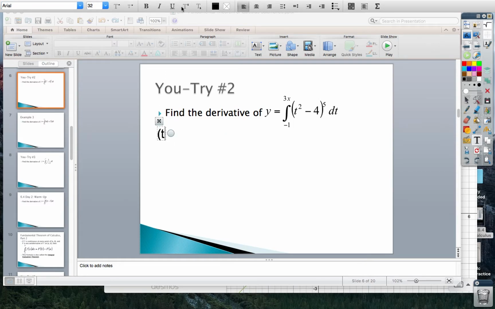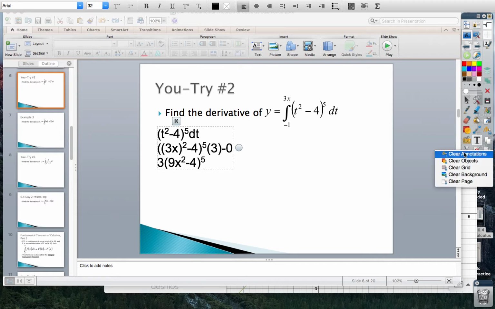We're replacing t with 3x, so we have 3x squared minus 4 to the 5th power. The derivative of 3x is just 3. Minus, remember, because the lower limit is a constant, its derivative is 0. So we're left with 3 times 9x squared minus 4 to the 5th power, and we are done.